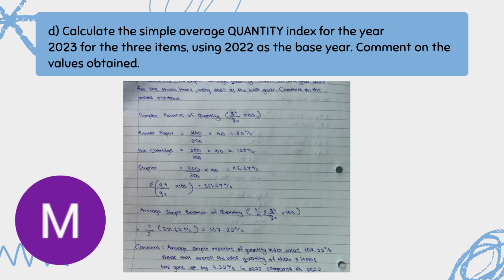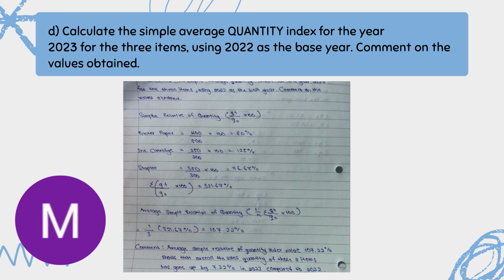Question D. Calculate the simple average quantity index for the year 2023 for the three items using 2022 as the base year. Comment on the values obtained. This is the same as the previous question, but we use quantity. First we find the simple relative of quantity for each item.